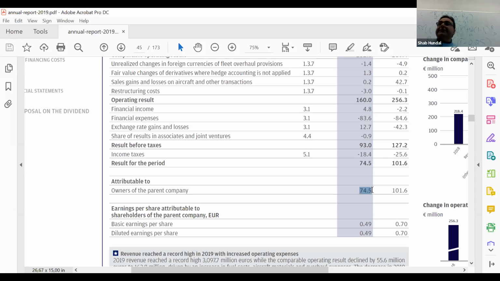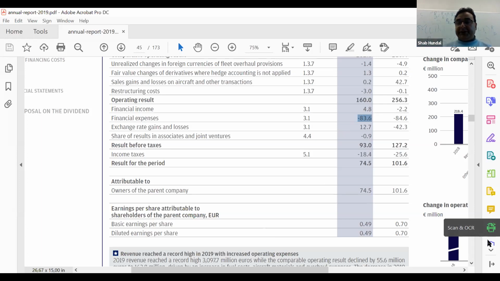How much interest does Finnair pay? Well, it pays 83.6 million, yeah? And how much is debt?